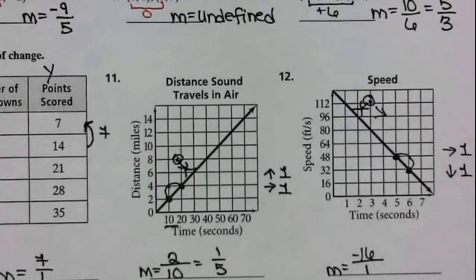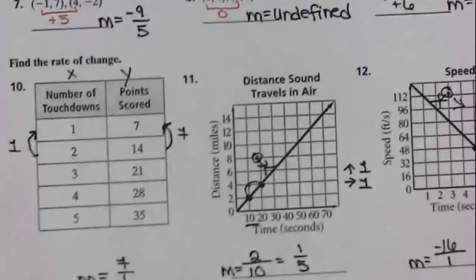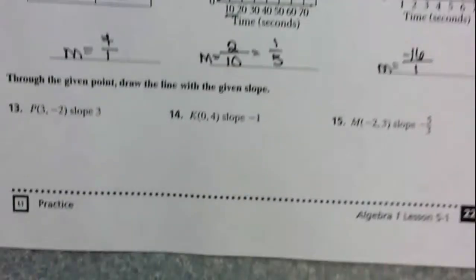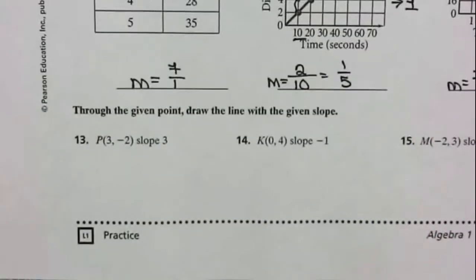Now we're going to draw a line with the given slope. So I'm going to go get a graph paper. We've got a point at 3, -2, and a slope of 3.